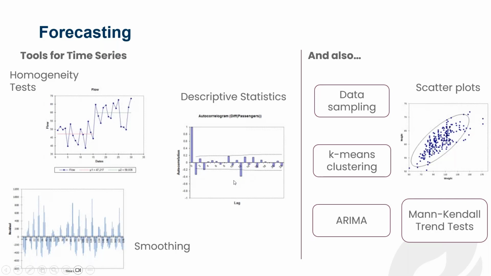You can also decompose your time series using, for example, the ensemble empirical mode decomposition. You can also do smoothing and use some prediction models like ARIMA to model your time series.